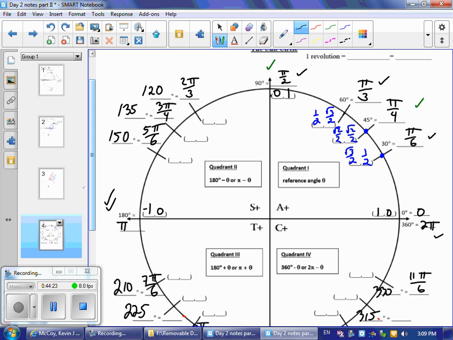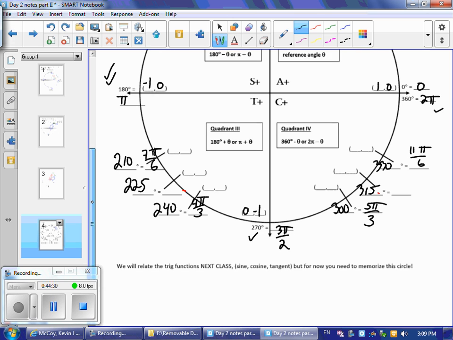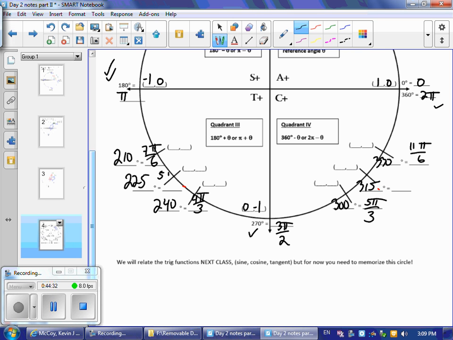At 180, that would be 4 pi over 4, which reduces to pi. So the next one is going to be 5 pi over 4. And then the last one, because we would go to 6 pi over 4, which reduces to 3/2, would be 7 pi over 4.